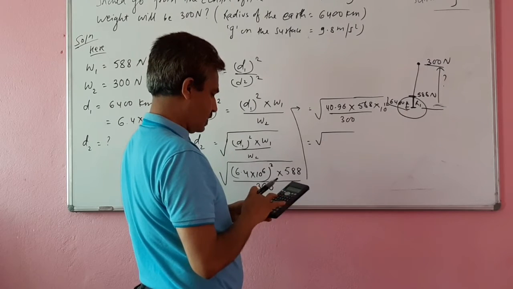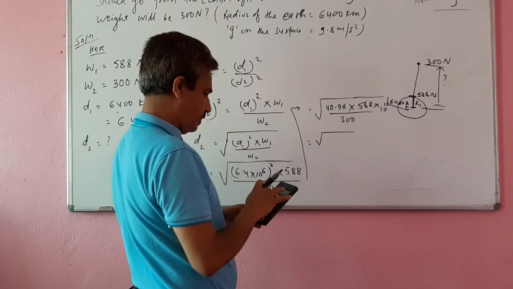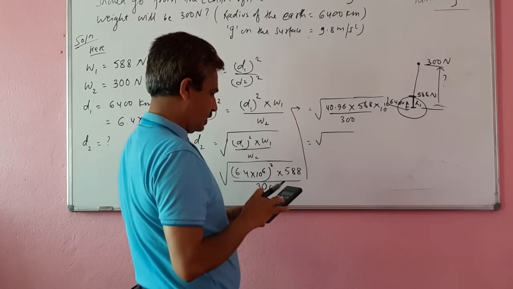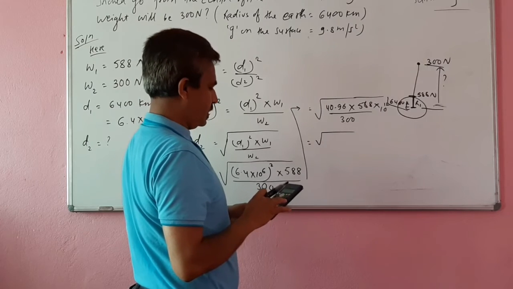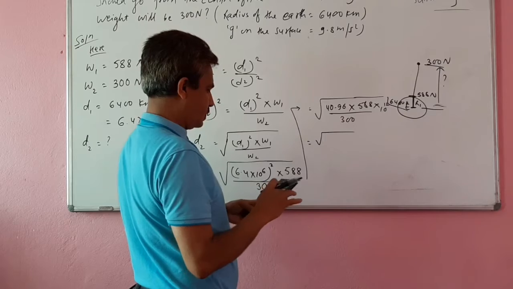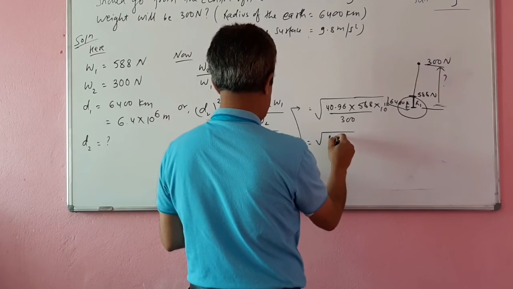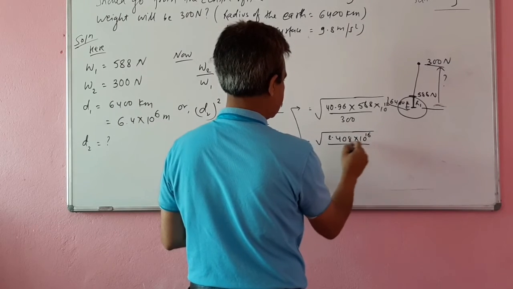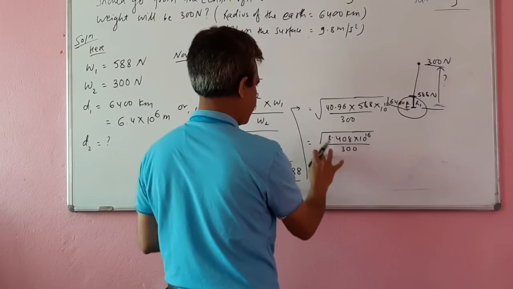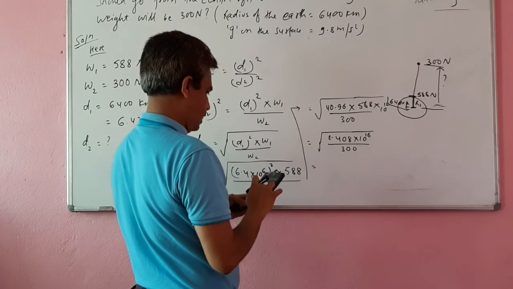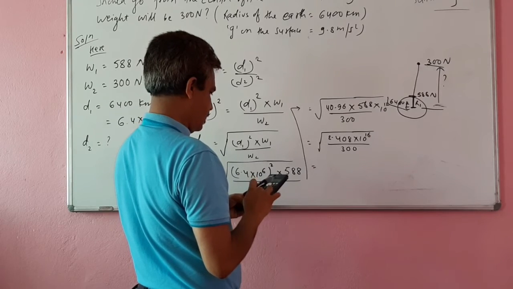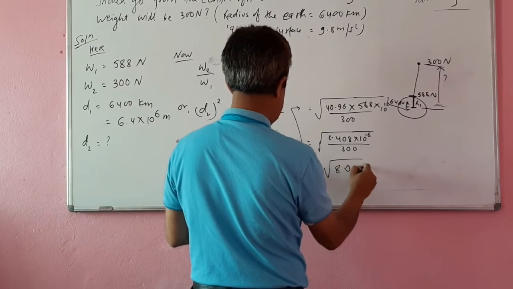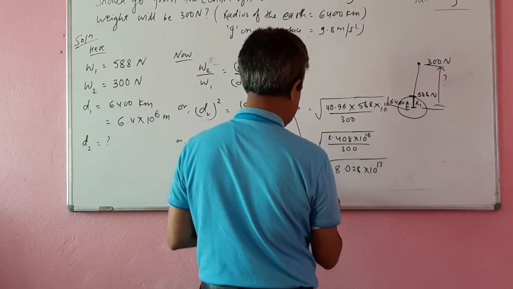40.96 multiplied by 10 to the power 12 multiplied by 588 equals 2.408 multiplied by 10 to the power 16, divided by 300, which gives 8.028 multiplied by 10 to the power 13.